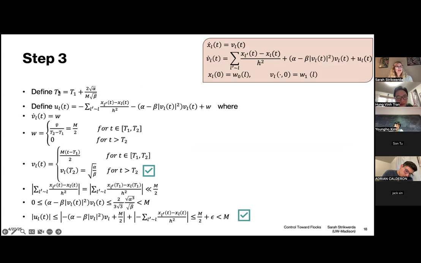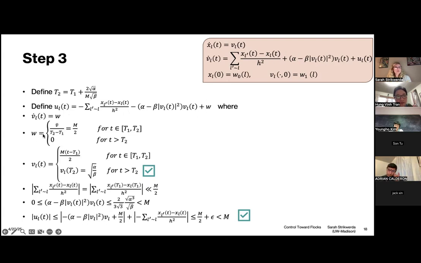So step 3 will define T2, which will be the endpoint, the time we end step 3. This is going to be equal to T1 plus this constant right here. And so to define UL in step 3, we define it in this way, where I have to tell you what W is yet, but again, we're just trying to cancel out the terms on this side of the ODE.